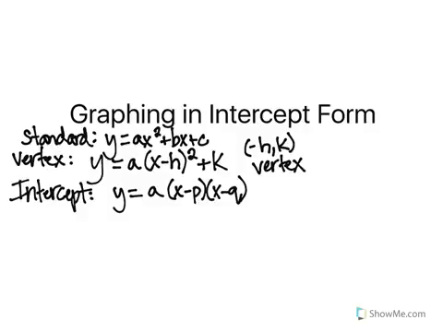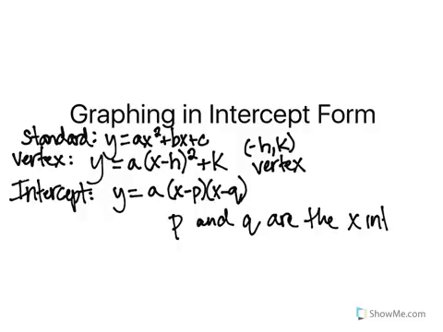So, P and Q are the x-intercepts. P, Q. Okay? And since they're in parentheses, we need to use the opposite sign of what we see. Now I need you to find another area of space.